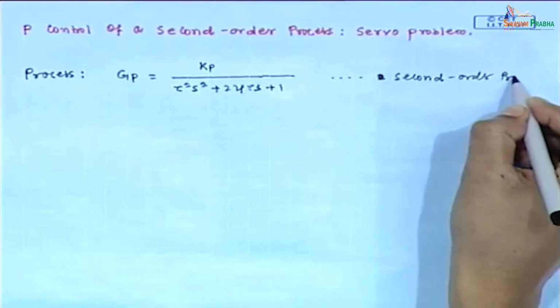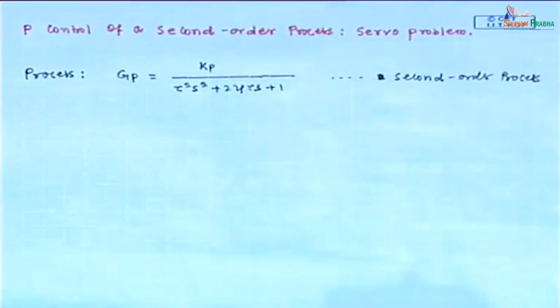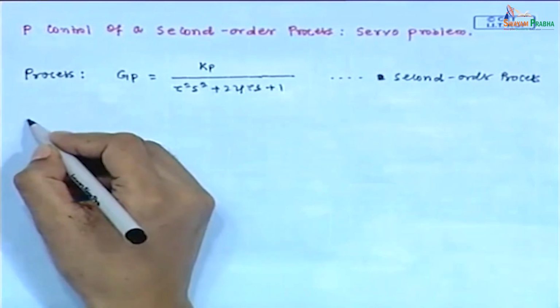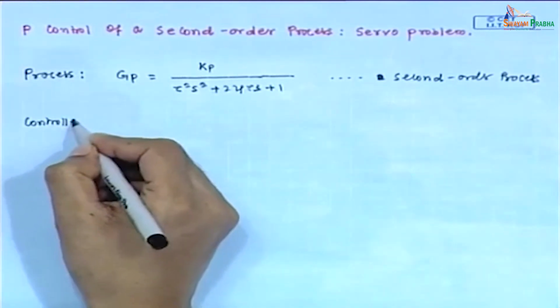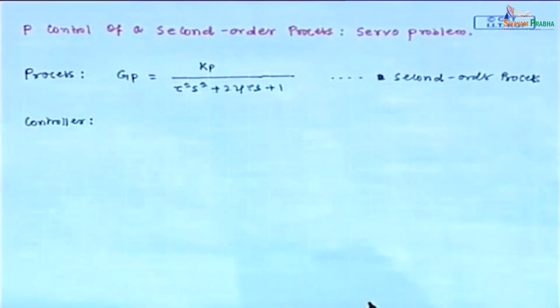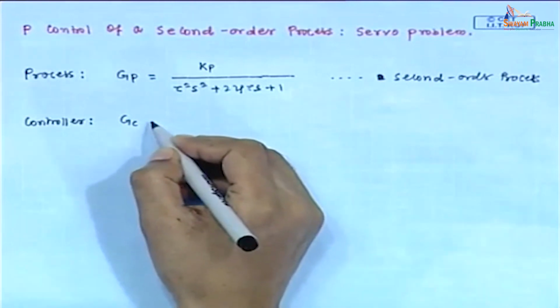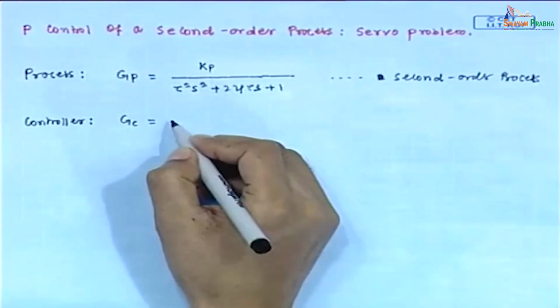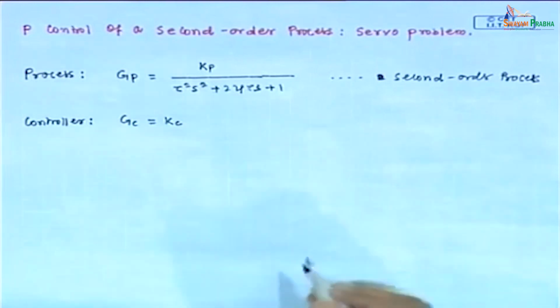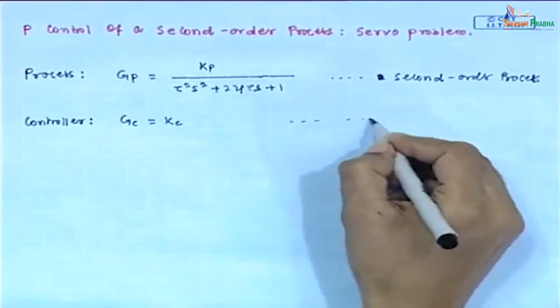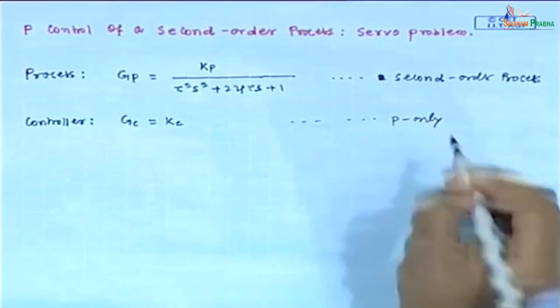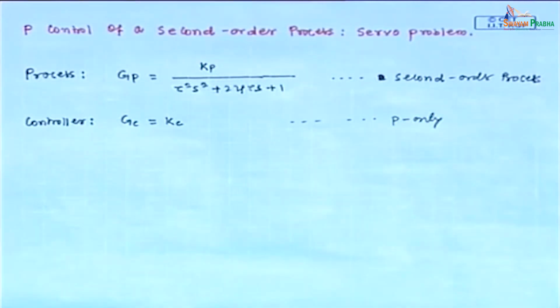The next element is the controller. We are interested to observe the closed loop performance under P only control. Accordingly, the controller equation has the form Gc equals Kc. This is the transfer function of P only controller.